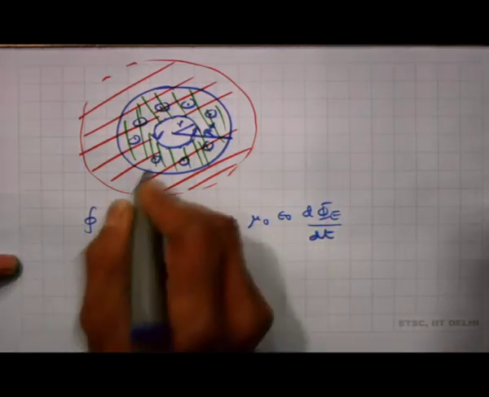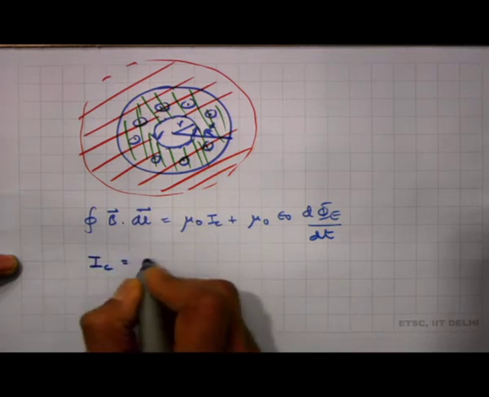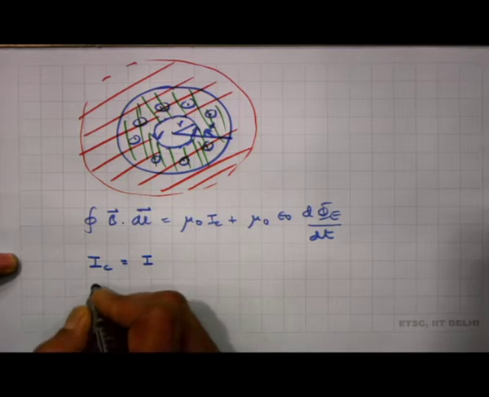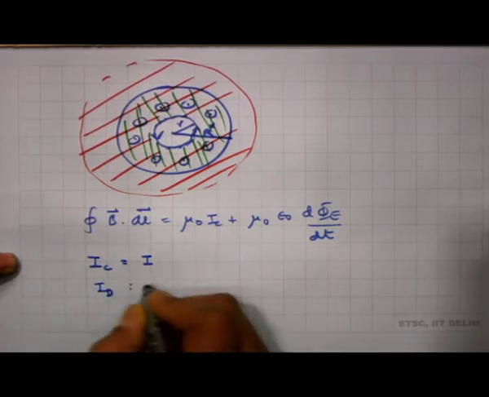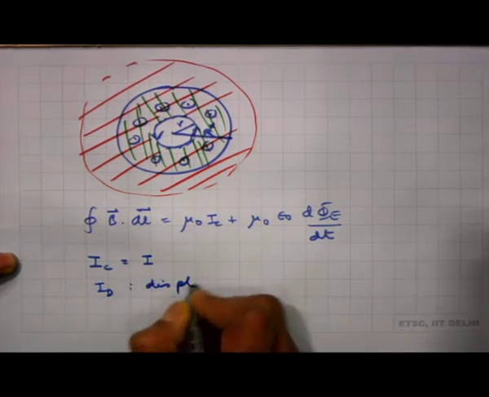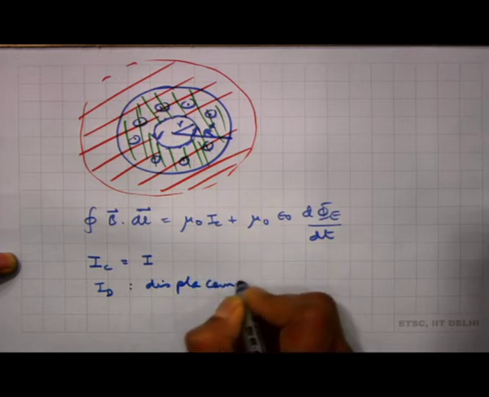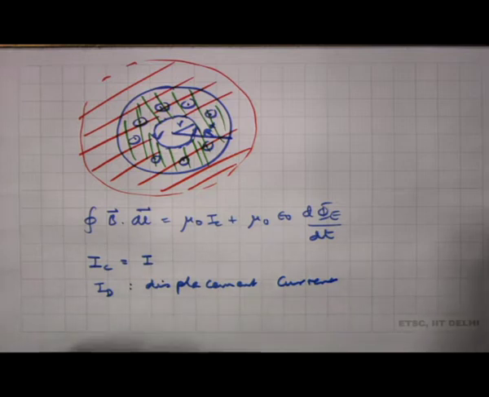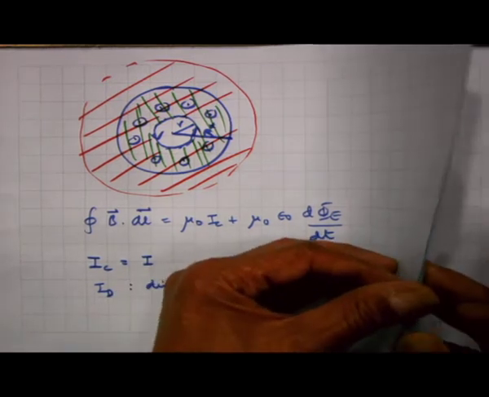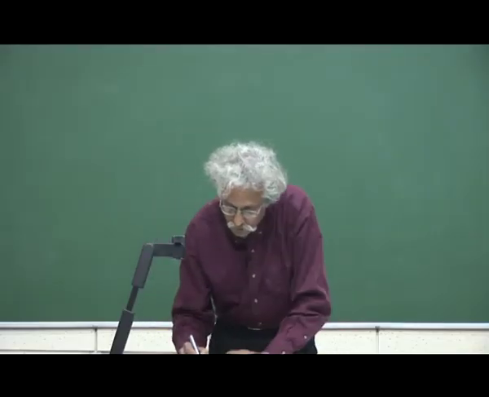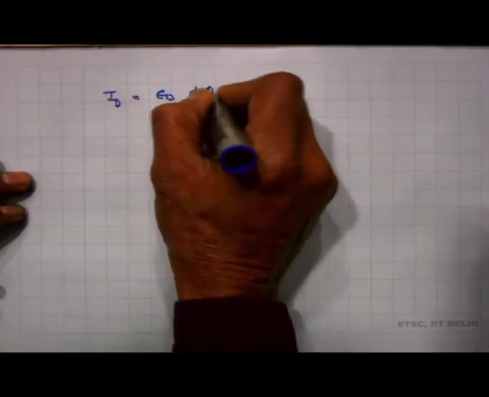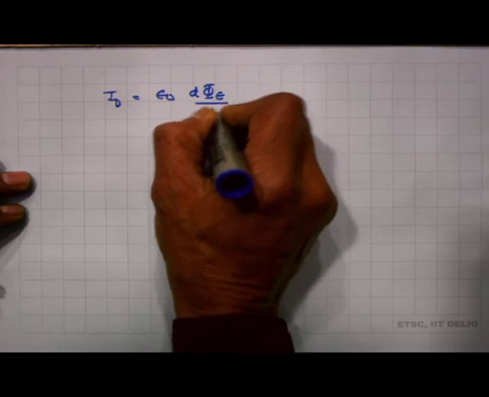So, for this surface I_c is equal to I, and I must calculate the displacement current I_d. Displacement current is nothing but epsilon 0 d phi E by dt. So, I_d is equal to epsilon 0 d phi E by dt.